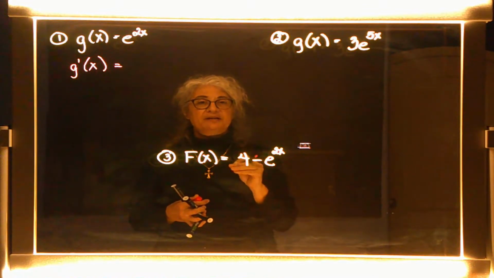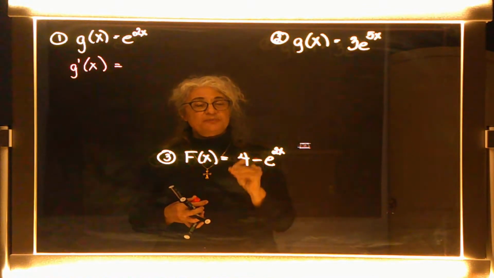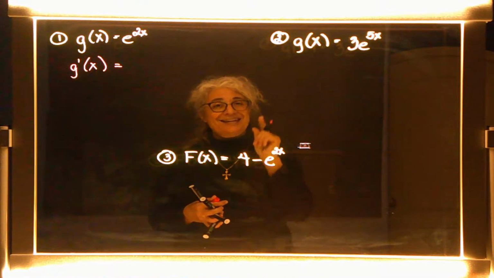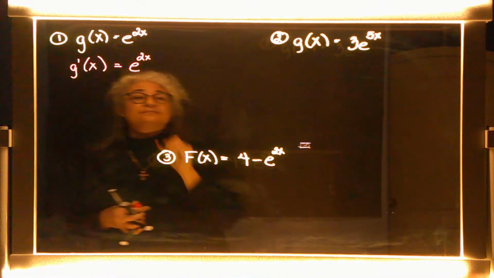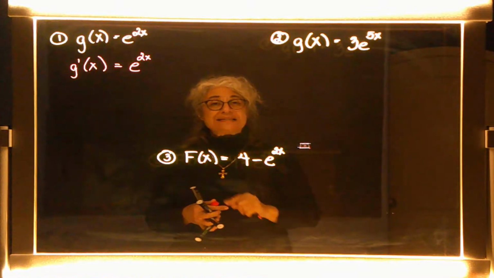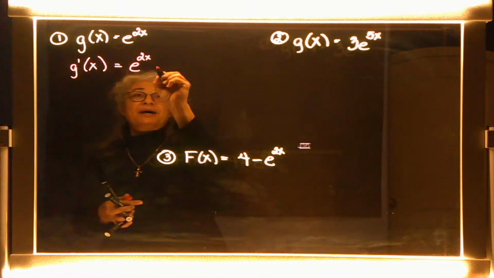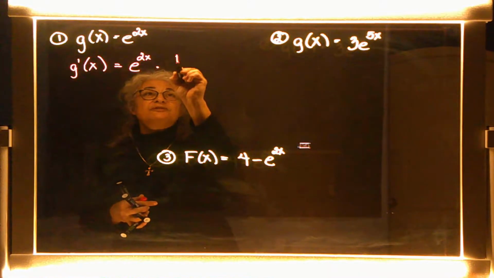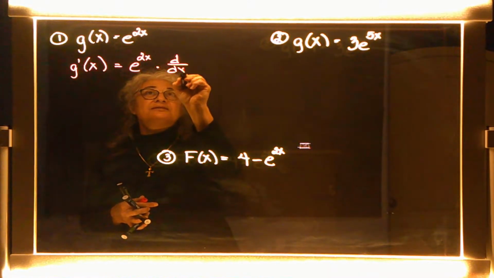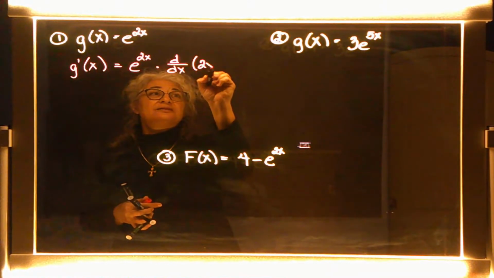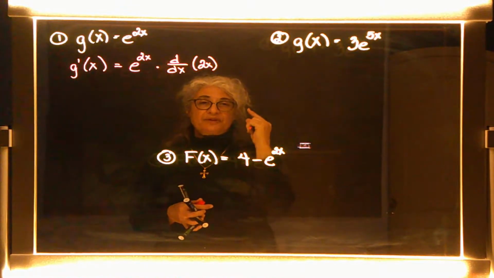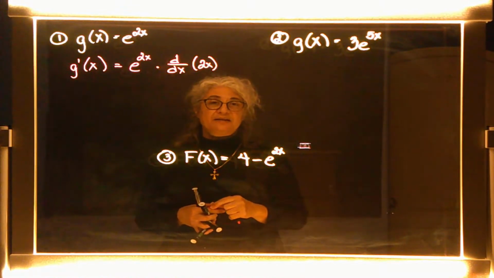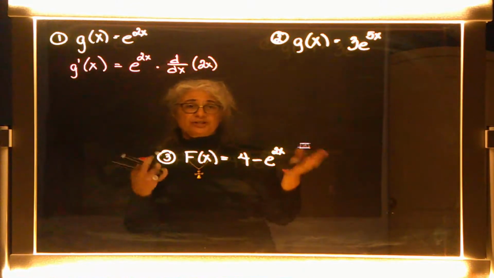Always keep in mind that the derivative of an exponential function with a base e is always itself. And you always need to multiply it by the derivative of the power. So if you always keep that process in mind, you will never go, which theorem do I use?